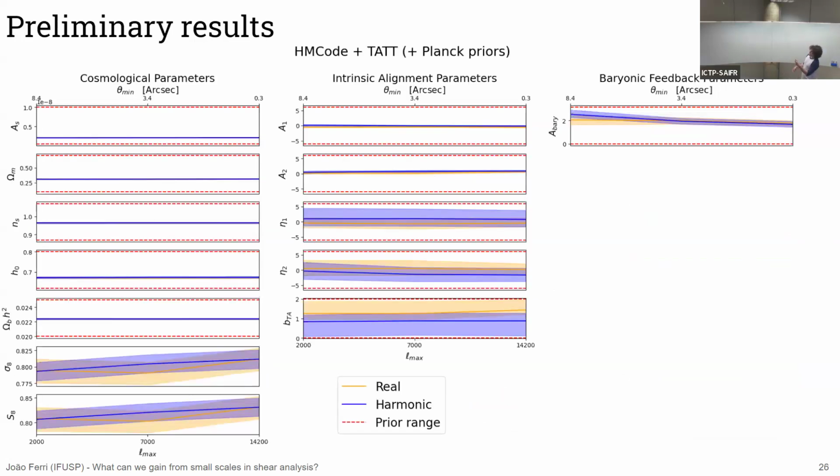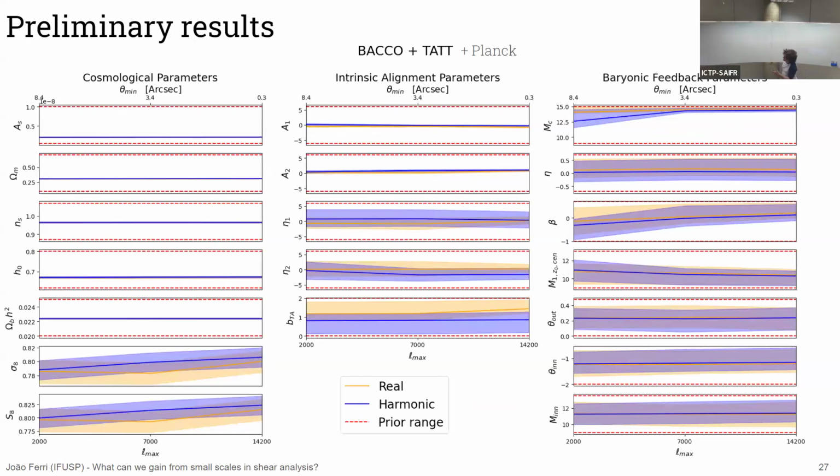So we did the same thing, but just adding the Planck priors to anchor the cosmological parameters, to see if anything changes in the intrinsic alignment and baryonic feedback parameters, but nothing really changed. So I don't think I have anything interesting to say here, but nevertheless, I'm showing the plots. The parameters for baryonic feedback stay the same.